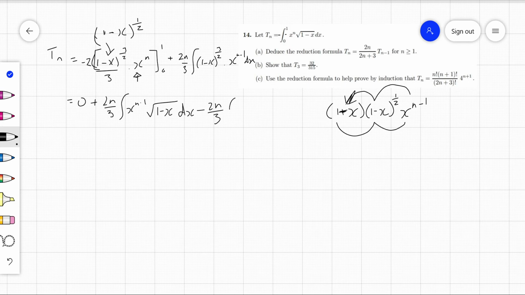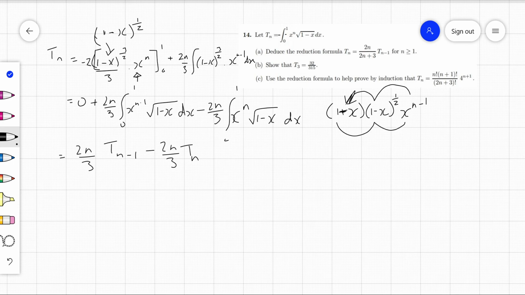So I'm going to have minus, but still 0 to 1. Now this is going to be x times x to the n minus 1, so that's x to the n. And it's still the square root there. So what does that give us? This just gives us the Tn minus 1 integral, and this gives us the Tn integral, which is what we want.